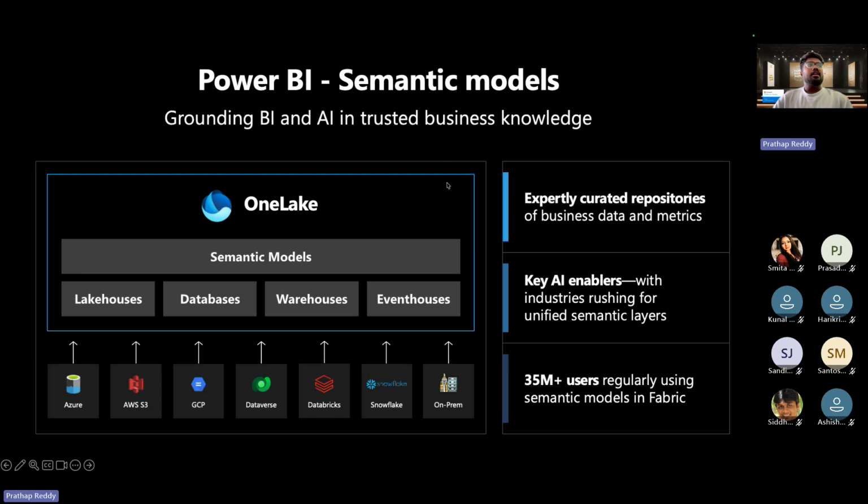So this OneLake we can directly ingest into the Power BI semantic models, where we can create the repositories and key enablers, and there are 35 million users for the semantic models right now. And moreover, this OneLake we can directly use for any agent creation, any slides creation. So we can use this OneLake whenever you have any requirement.